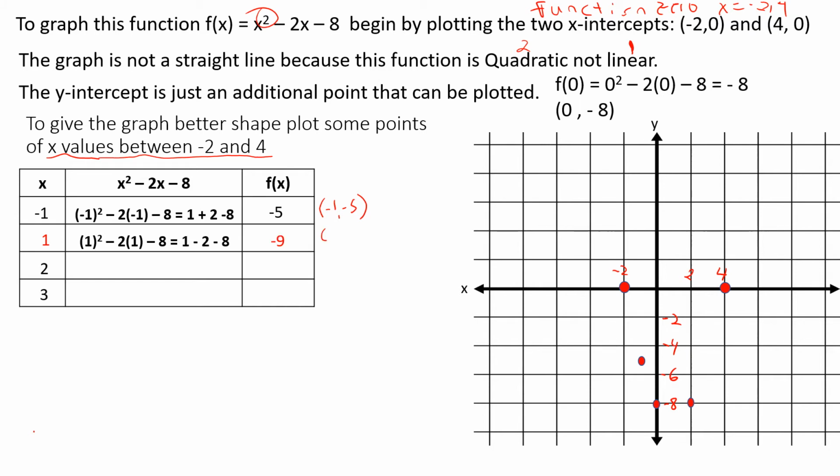So I'm going to graph (1, -9). And then we're going to plug in 2, graph that, and we get (2, -8), which is already done. And then we're going to plug in 3, and we ended up with (3, -5).